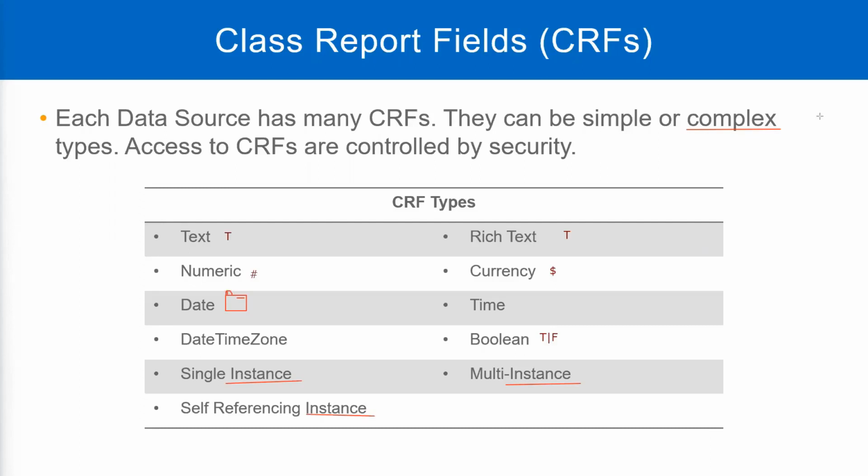Now think about the first line manager. Is it a single instance or a multi-instance? Typically your direct manager is single instance. But think about this one: the immediate superior organization of a supervisory organization.